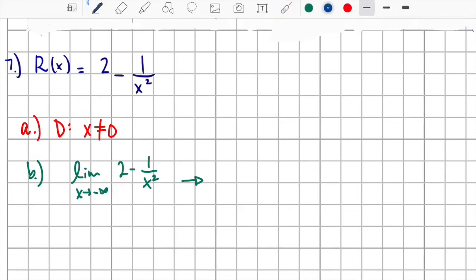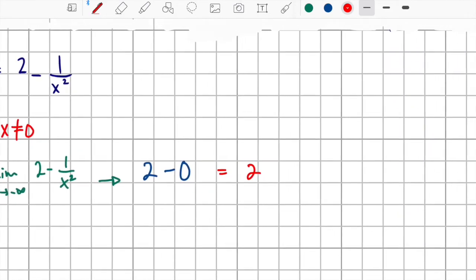So that's just 2 minus, and here the denominator is approaching infinity. Remember what we said: if the denominator is approaching infinity, then the actual limit is approaching 0.